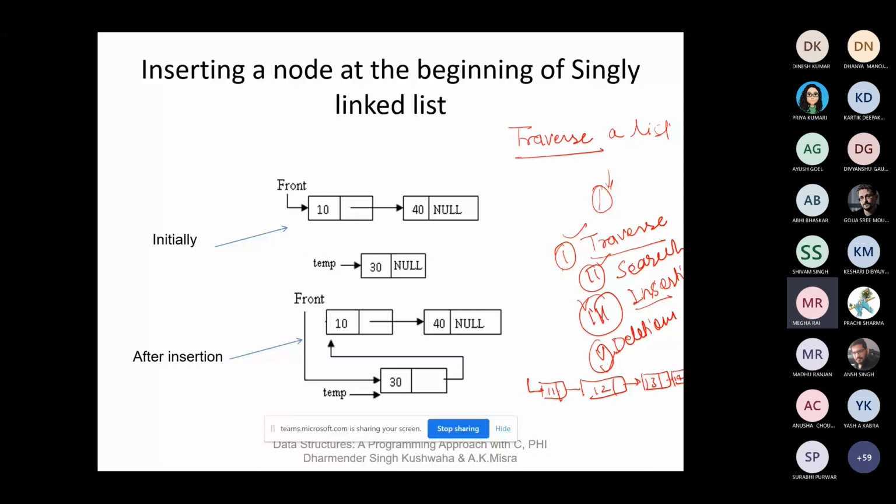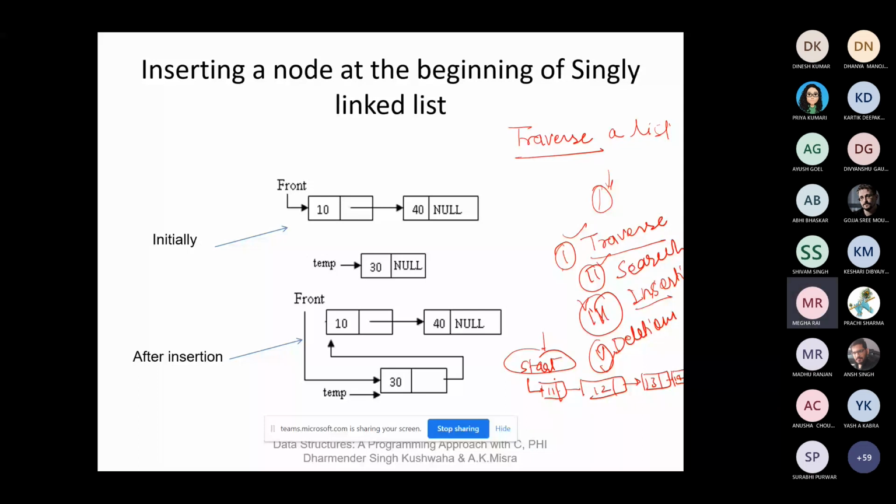And till what end can we traverse? Till the end of the list, when the pointer becomes null. For traversing, we can consider a start pointer that is pointing to the first element.